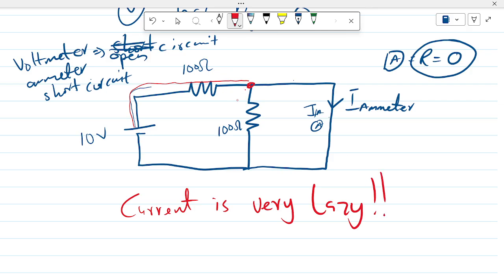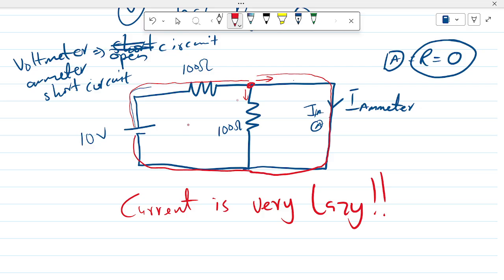There's a lot of resistance here, but there's no resistance here. So all the current is going to flow through this branch, ignore the resistance branch and go back to the source.